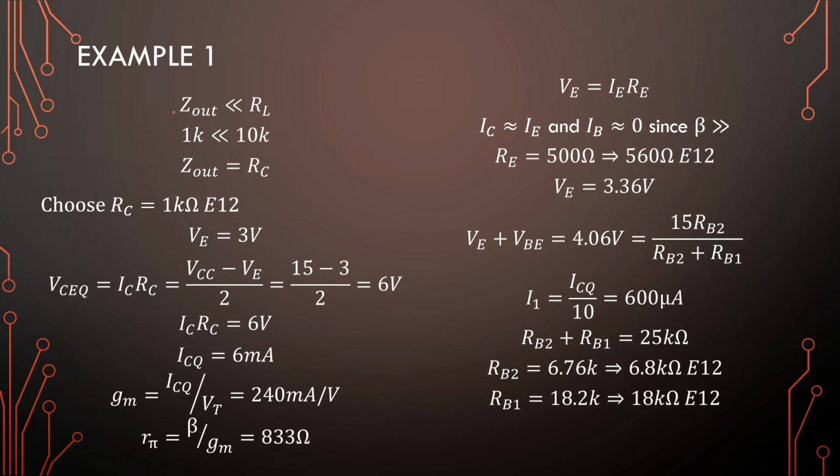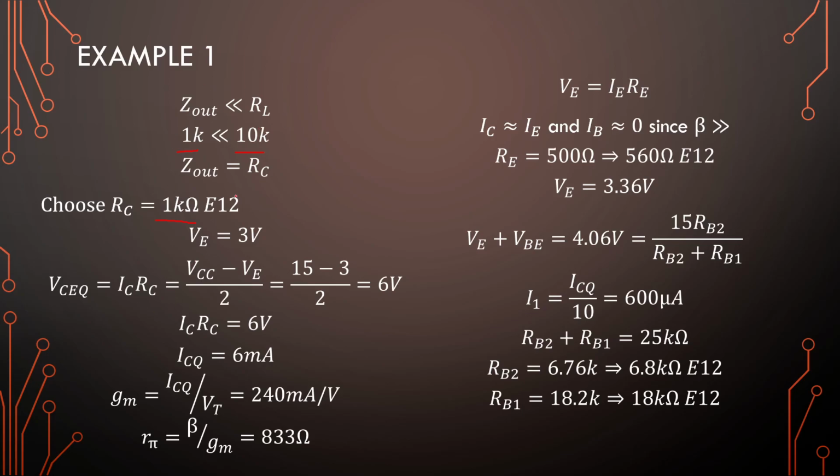Right, so since our output impedance should be much smaller than our load, we can say that 1 kilo ohm is much smaller than 10 kilo ohms, right? And Z out is our RC, so we can choose our RC value to be 1 kilo ohm.